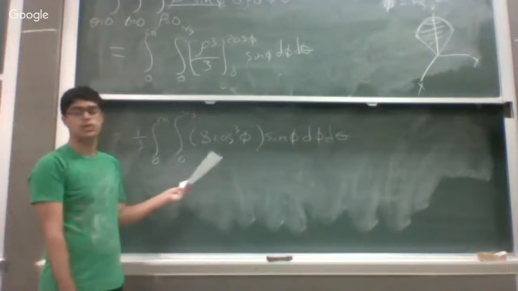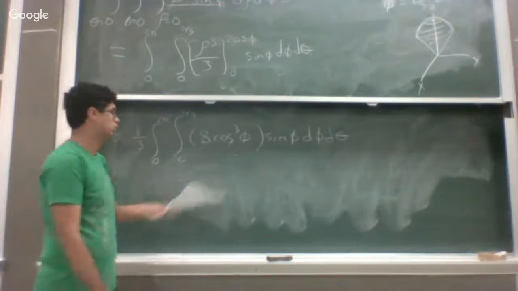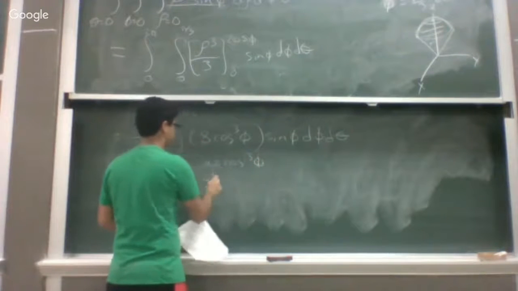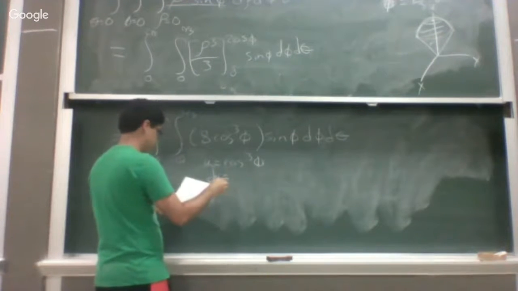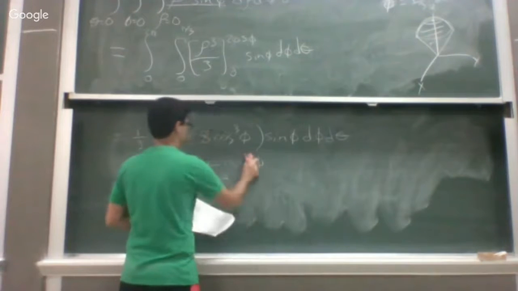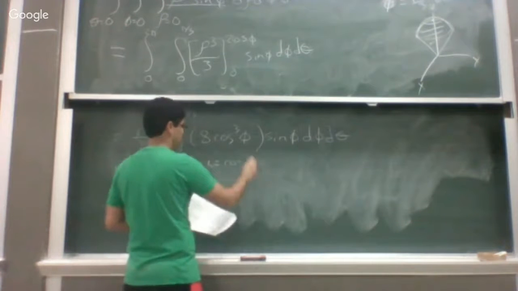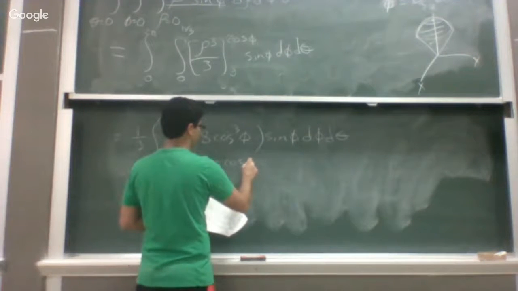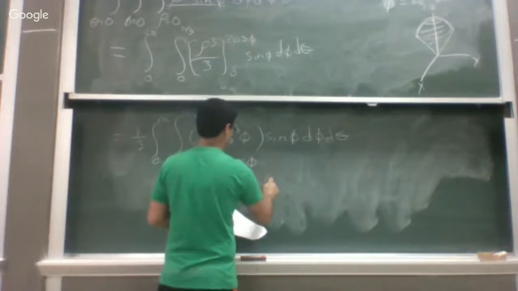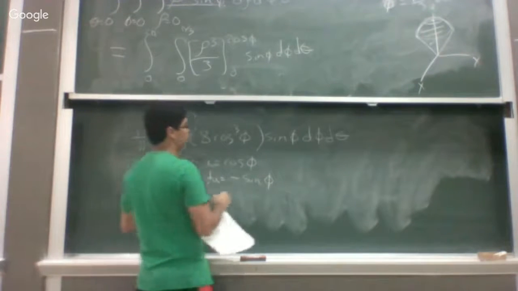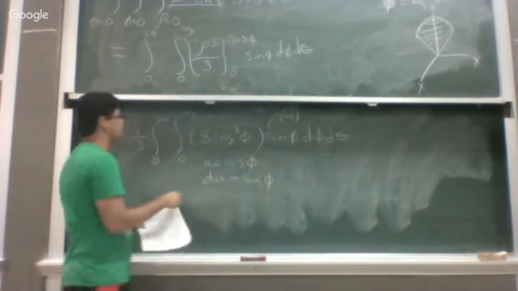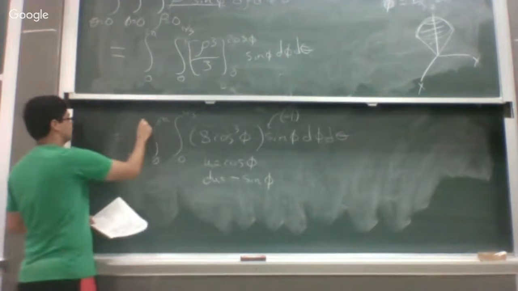What would our u be in this case? Cosine phi. Du is negative sine of phi. So then we need to multiply by a negative 1 here.